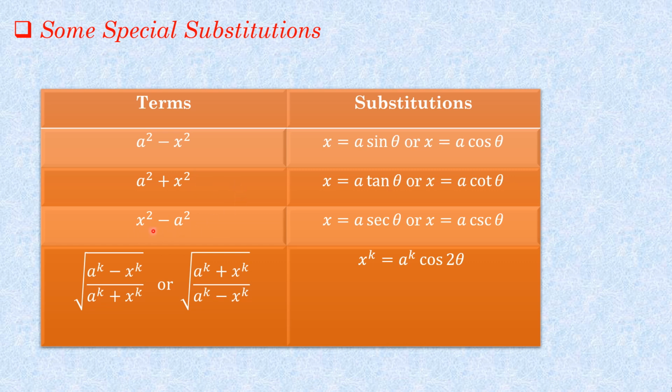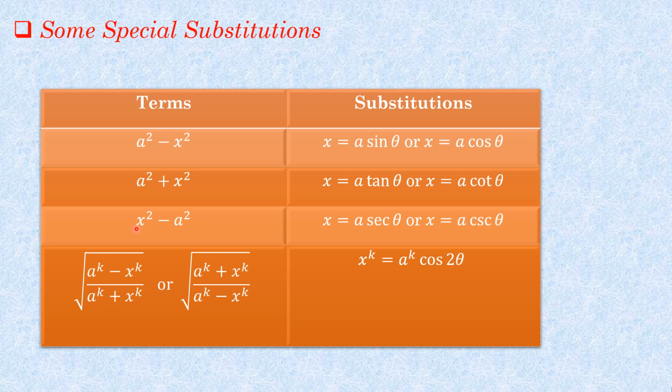Similarly, in terms like x square minus a square, keep in mind this a square is a constant number. In that case you take x equal to a sec theta, so it will be a square sec square theta minus a square. A square is common, so sec square theta minus 1, and sec square theta minus 1 is equal to tan square theta.